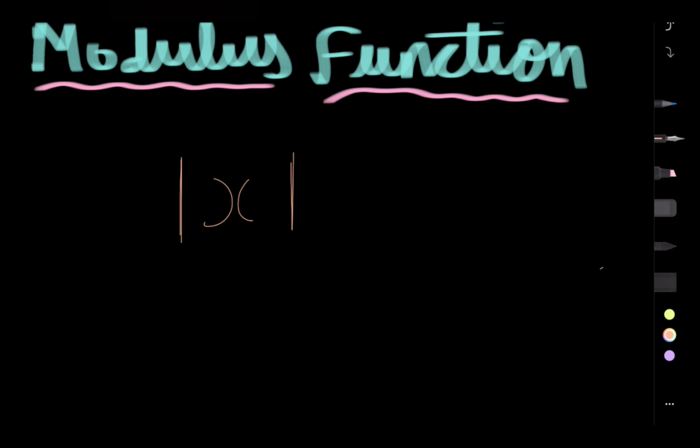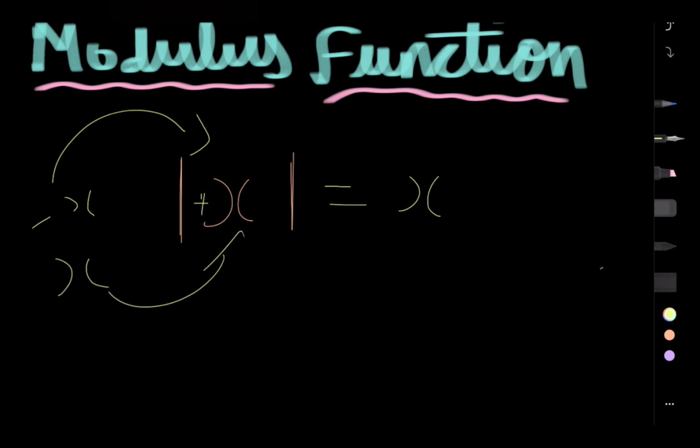Now the modulus of x will always give positive values whenever you input any value, negative or positive. If I input negative x, it will give x only, or if I input positive x, it will give x only.